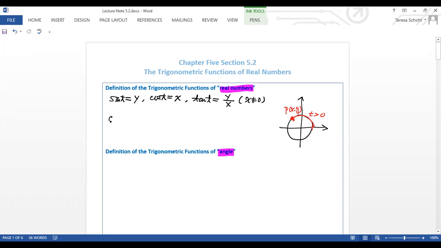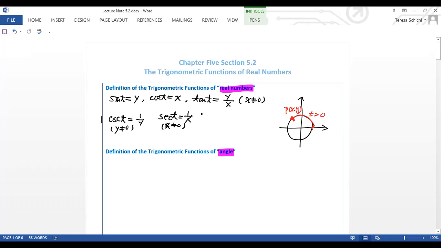The next one is cosecant t, which we define to be 1 over y, and y cannot be equal to 0. Then the secant of t is defined as 1 over x. Of course, x cannot be equal to 0.